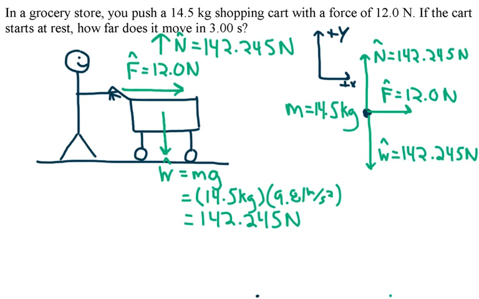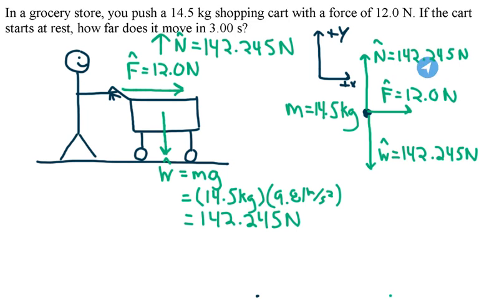Alright, so just making a note of this at the bottom, we're kind of out of room, so let's write this on the next slide. So we go over here, and we have our normal force. Because it is perfectly straight up, the normal force is going to be equal to the y component of the normal force, which is 142.245 newtons.